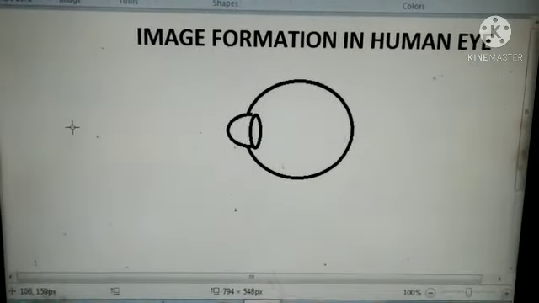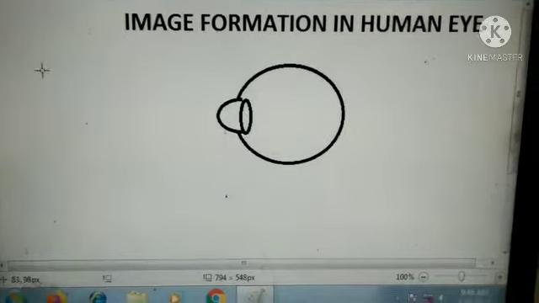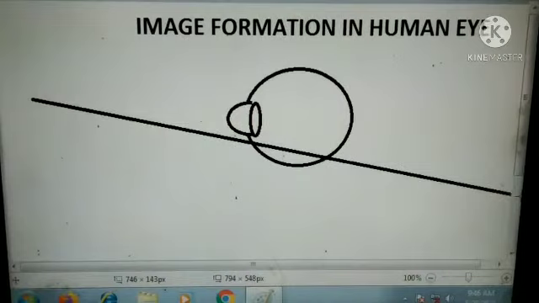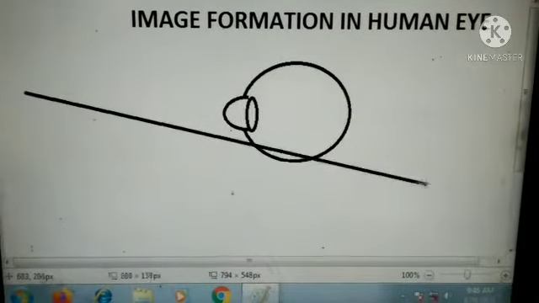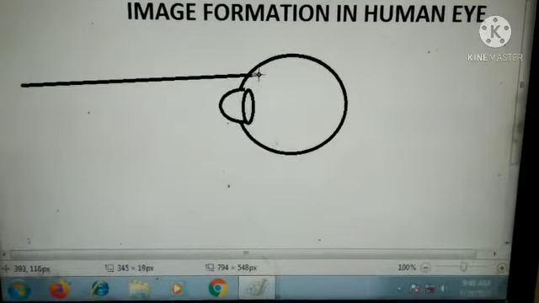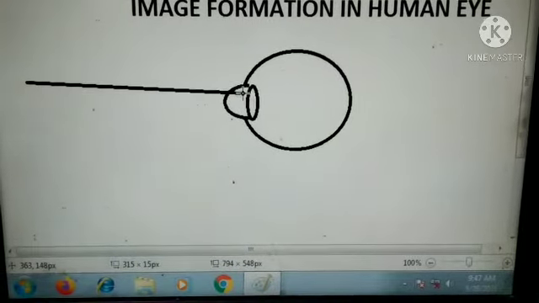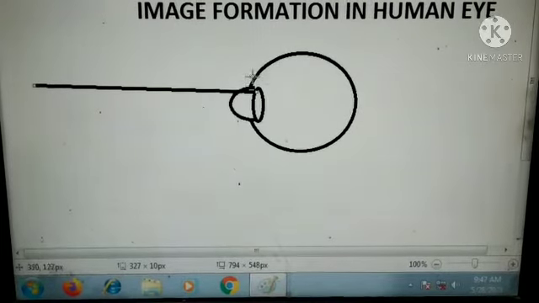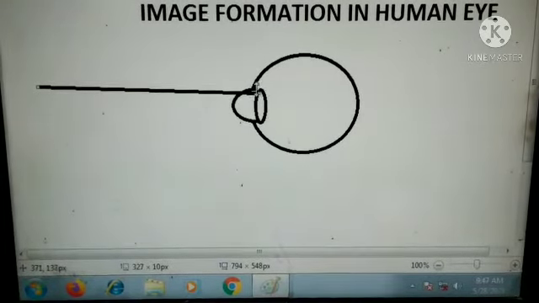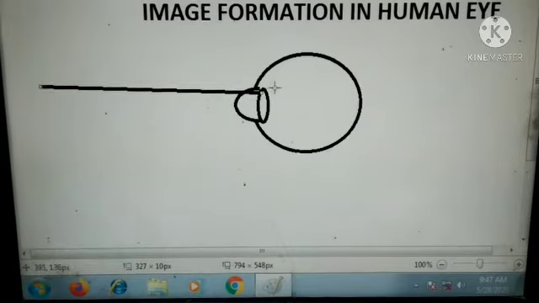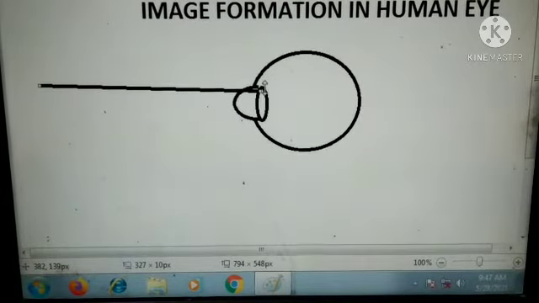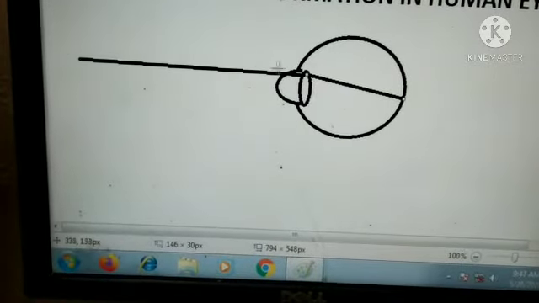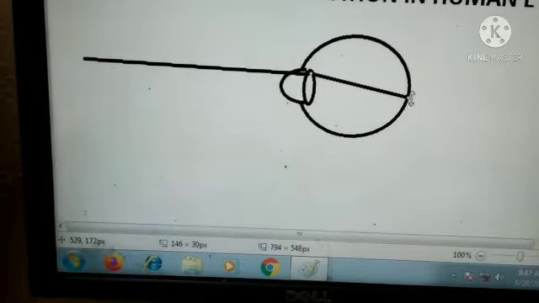When the object is at infinity, first the rays come here, and then from the lens, by passing through the lens, they meet on the retina.